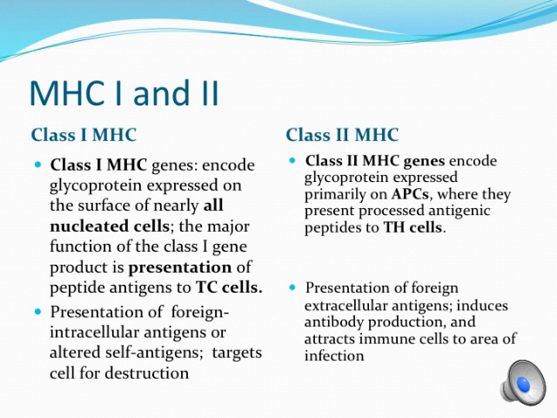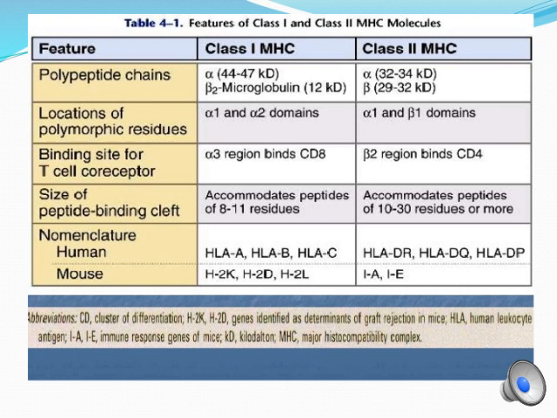Why? Because in class 2 MHC, you have a foreign particle that is entering your body. Whereas in MHC1 system, most of the time, the foreign thing is an intracellular substance. This is a small differentiation between the class 1 MHC and class 2 MHC. Whatever we have studied, just a simple recapitulation of that.